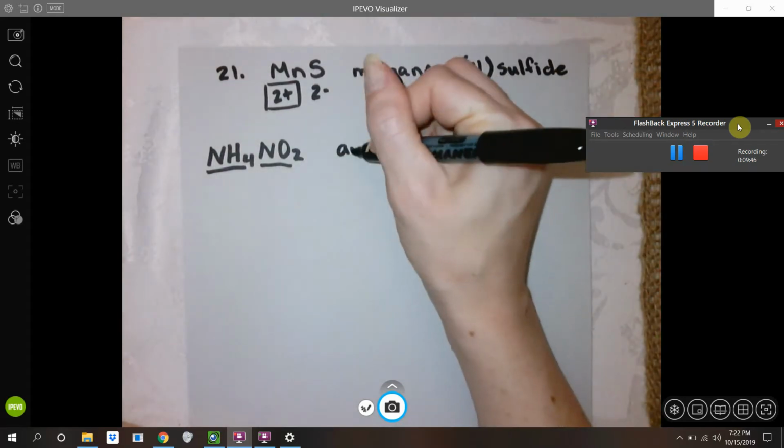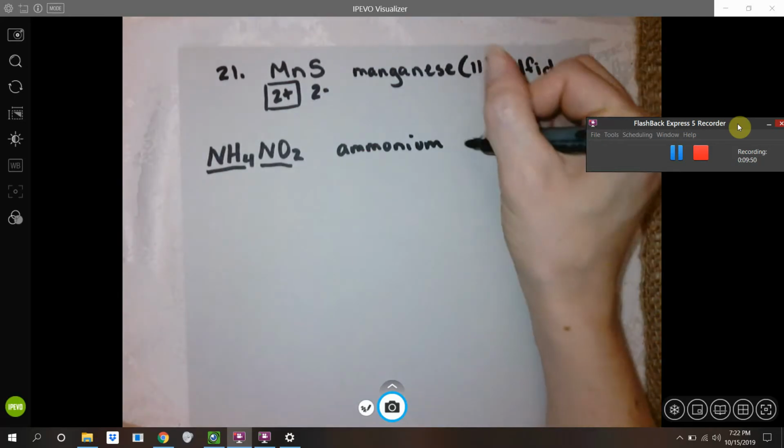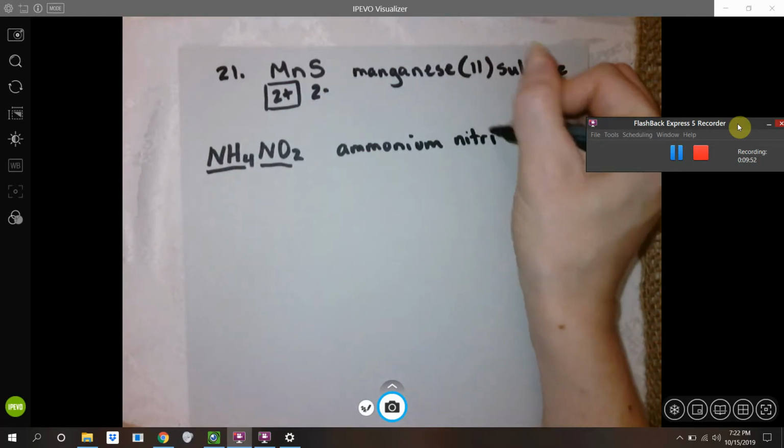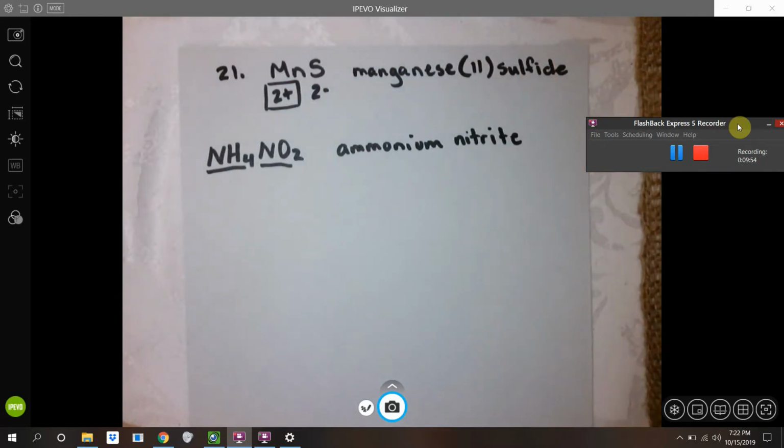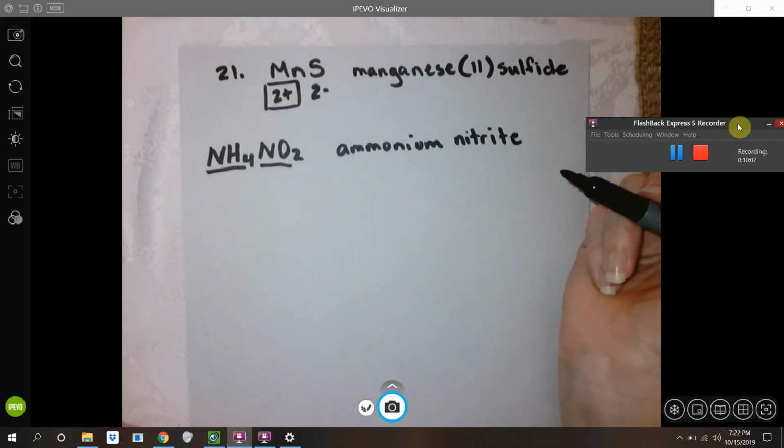So this is ammonium nitrite. When you see those polyatomic ions, you don't have to ask about the transition metal because there isn't one. It is ionic, and you can just plunk in the names of each of the polyatomic ions.